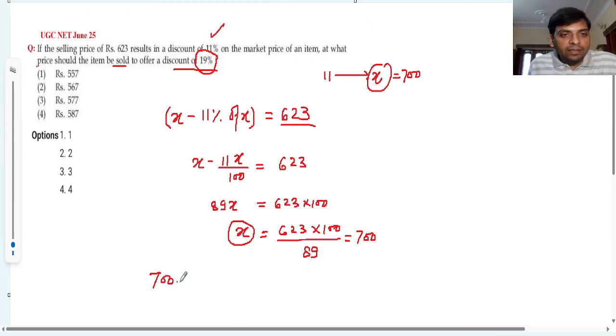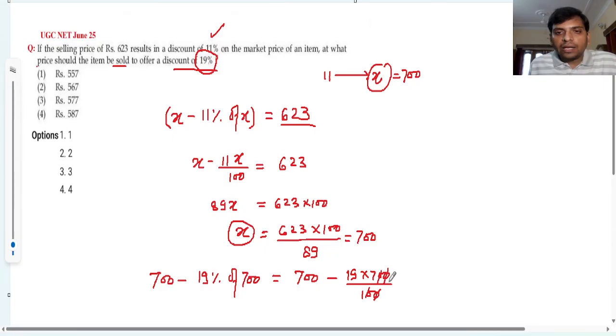So this means we will give discount on this 700 of 19%. So we will subtract this 19% of 700. So 19% of 700, this means 700 minus 19%. So 19%, this is 19 into 700 divided by 100.